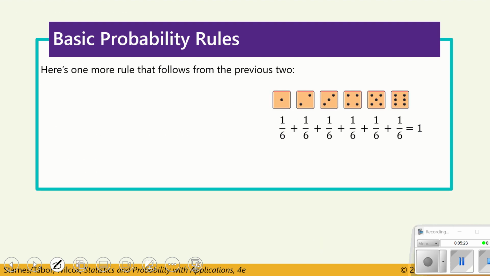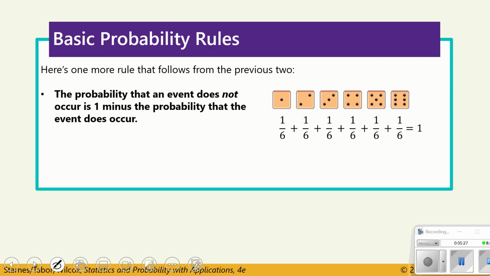Okay, here's one more rule. So we've got our 6-sided dice right here, but I want the probability that an event does not happen. So this is going to be 1 minus the probability that an event does occur. So let's say I didn't want to roll a 2.